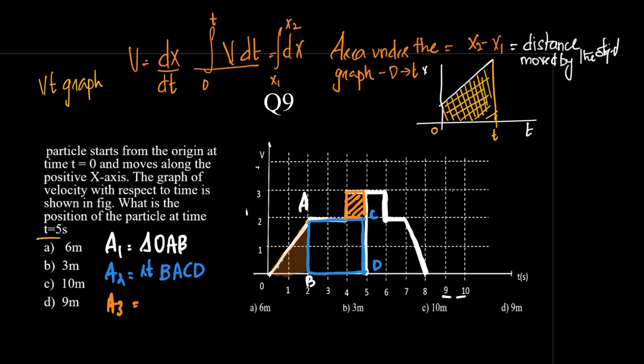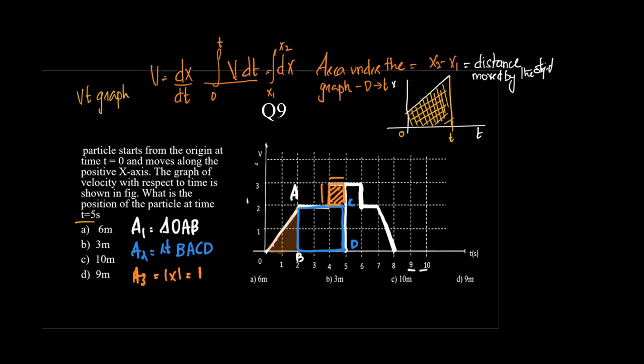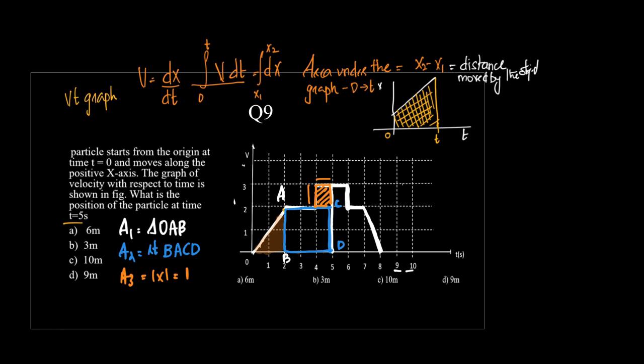We know from the figure, length into breadth, 1 into 1. Now, the distance traveled will be equal to the sum of all this, which is A1 plus A2 plus A3.